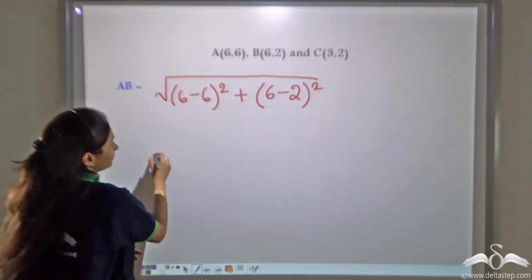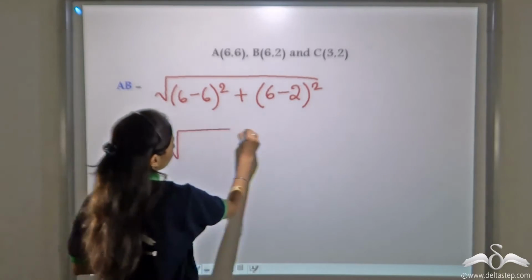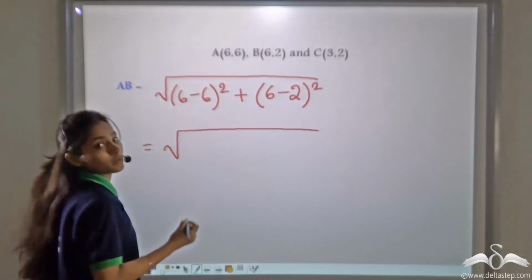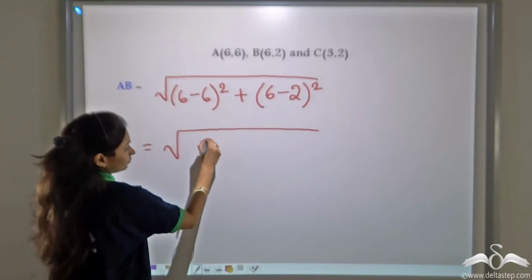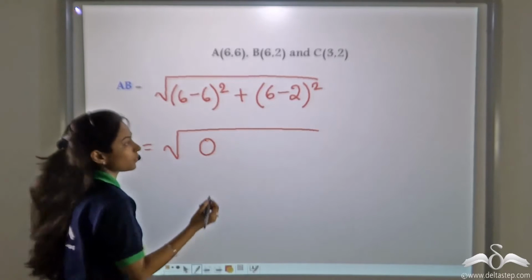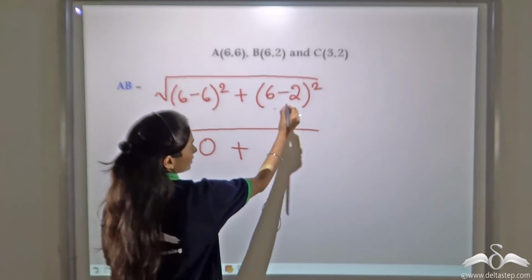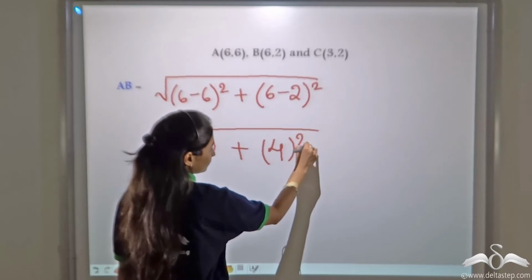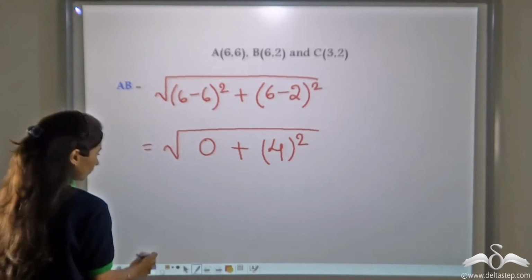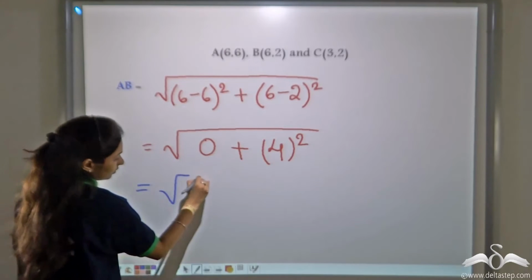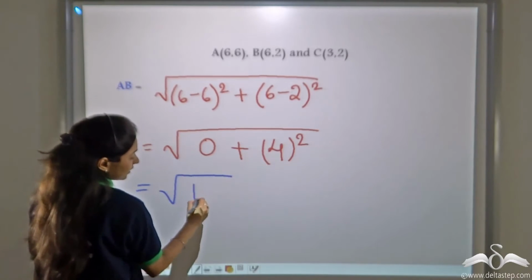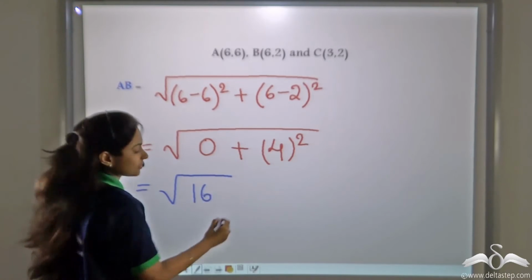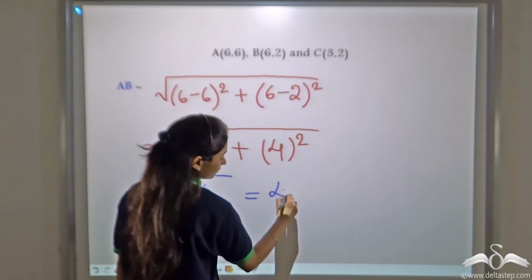Now what we'll get? 6 minus 6 will give us 0, whole square will give us 0 as well, plus 6 minus 2 is 4 whole square. 4 square is 16 and root over 16 will give us 4 units.